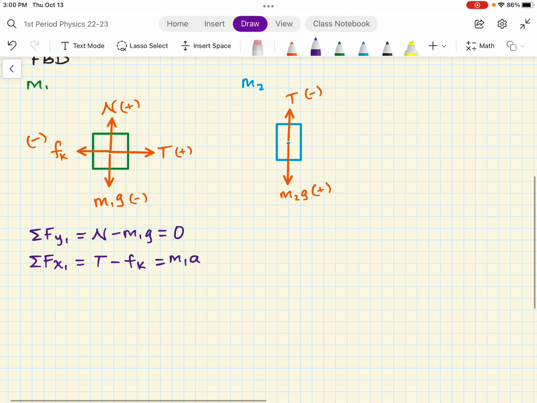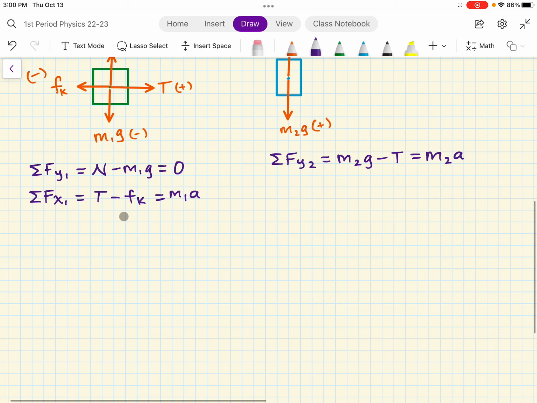Next, along the y, for mass 2, sum of forces. Along the y for mass 2, we have the positive weight of mass 2, m2g, minus tension. Again, we have acceleration down. Therefore, this side is equal to mass times acceleration, or mass 2 times acceleration.